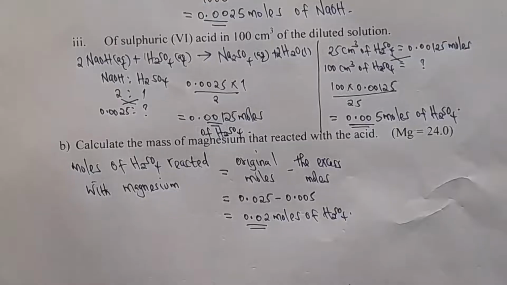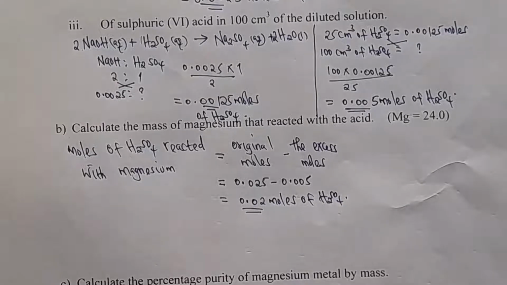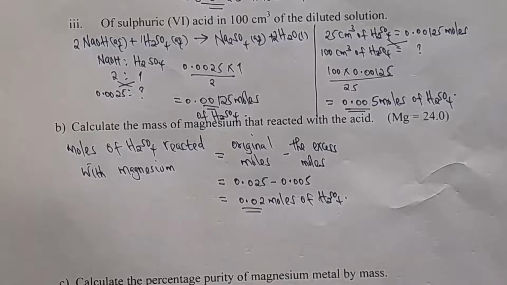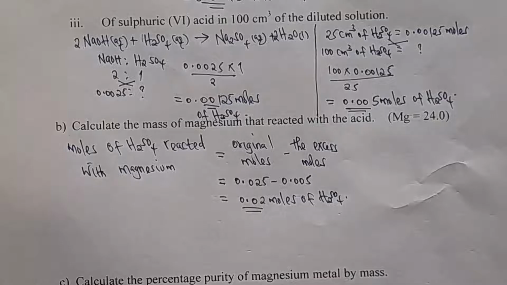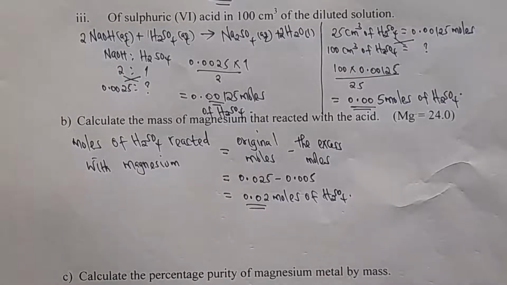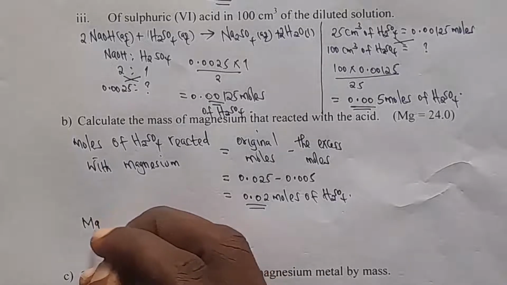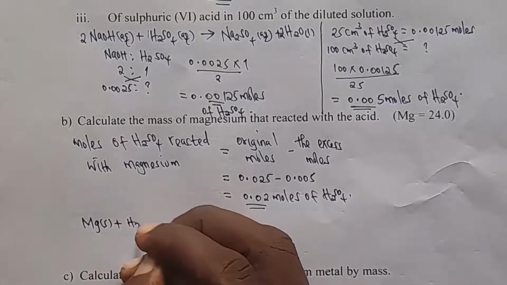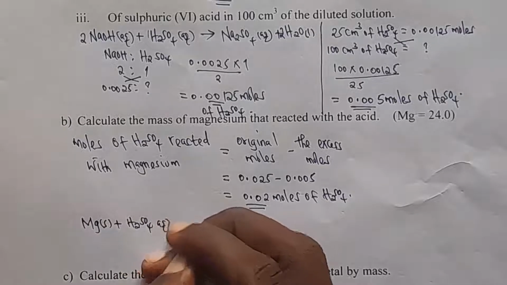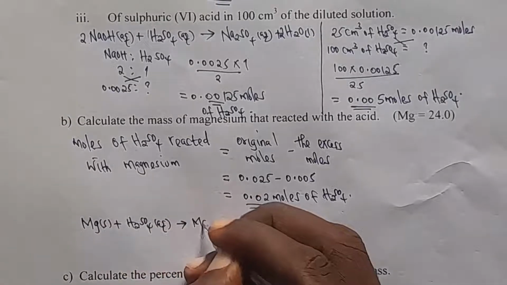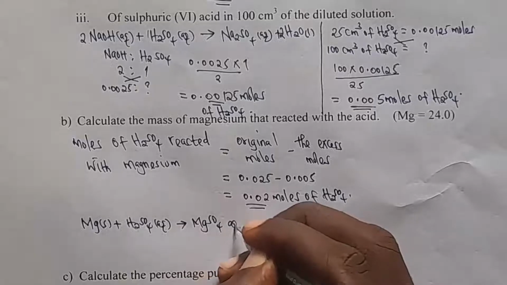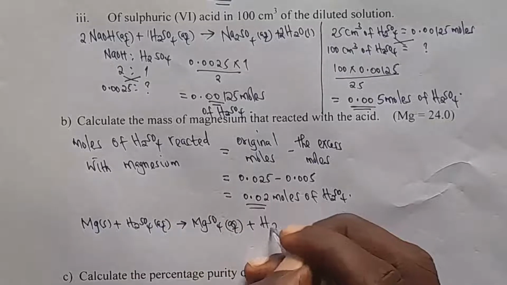So the next step, we have to get the number of moles of the magnesium that reacted with the sulfuric acid, and we can get that one by writing the reaction between magnesium and sulfuric acid, and thereafter using the mole ratio. So we can write magnesium, Mg, solid, reacting with sulfuric acid, solution. Here we are going to get magnesium sulfate solution plus hydrogen gas.